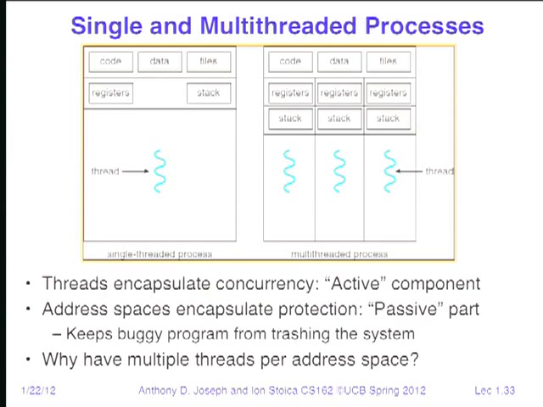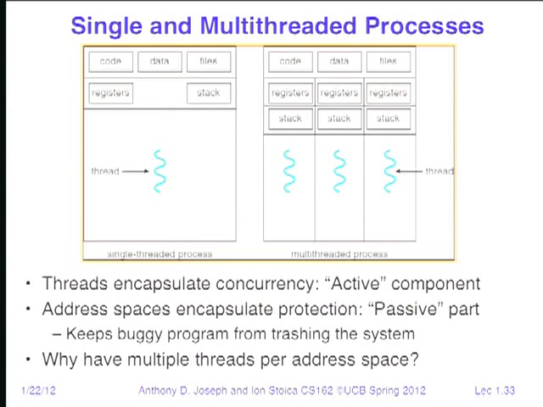We have the same code, data, and files as with the heavyweight process, but now we need separate registers and stacks for each of the threads. Why? Because we need to represent the thread local state of each thread. And then everything else within the address space is shared.